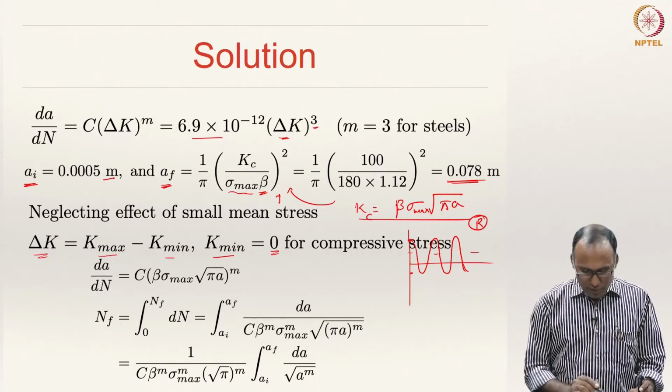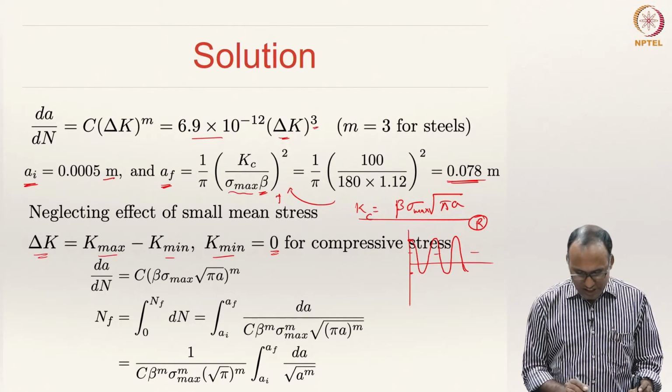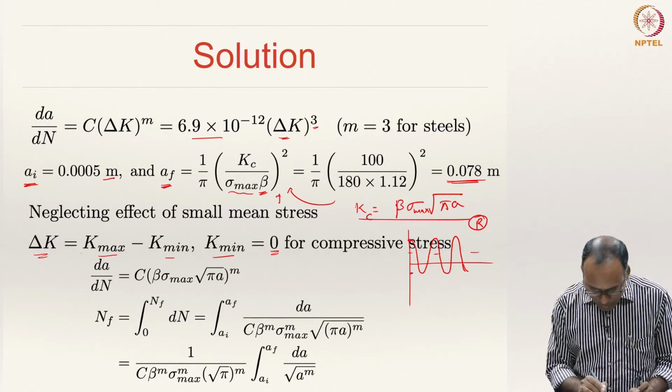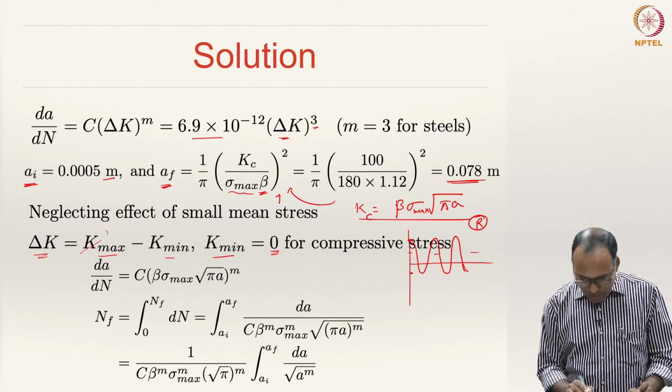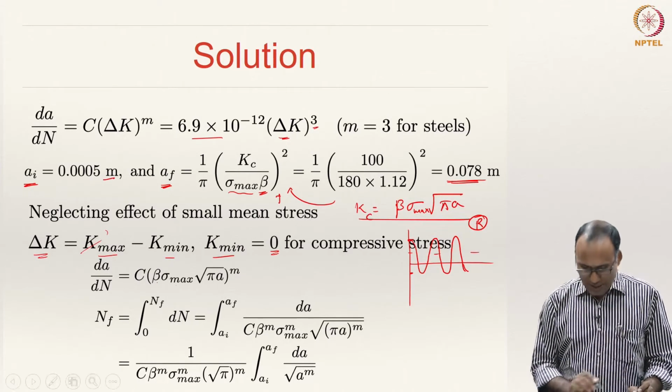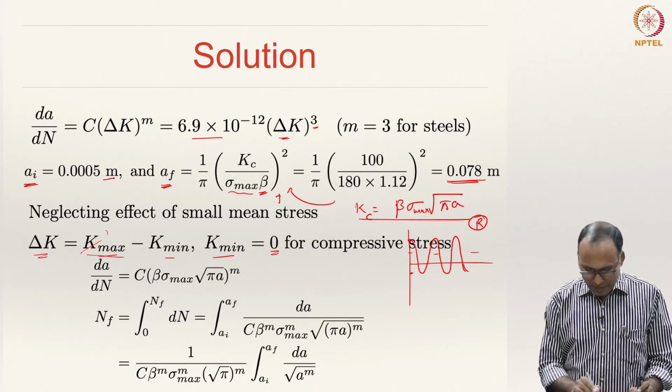So, then you write dA by dN is equal to C delta K to the power m. So, delta K becomes simply K max. So, K max is given by beta sigma max root pi a, whole power m, that is your dA by dN.